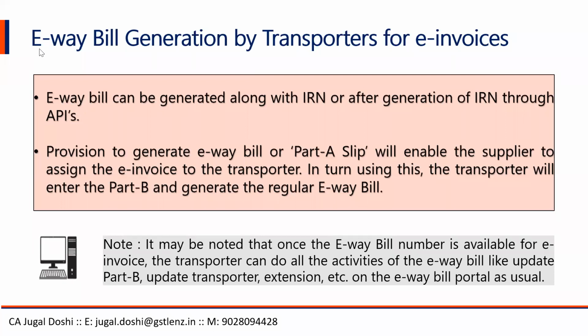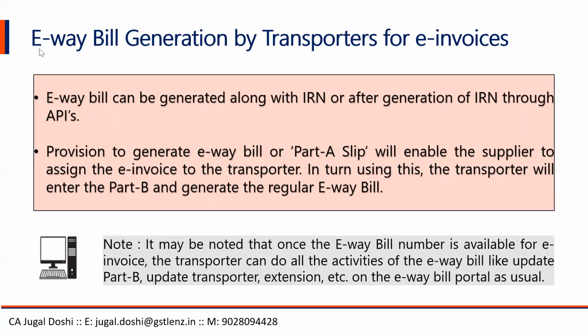Otherwise, you generate e-invoicing first, and after generating e-invoicing, you generate e-way bill, or you can independently keep both the facilities different. When you generate e-way bill, part A would be filled, and if you fill transporter details, it would be allocated immediately to the transporter also.